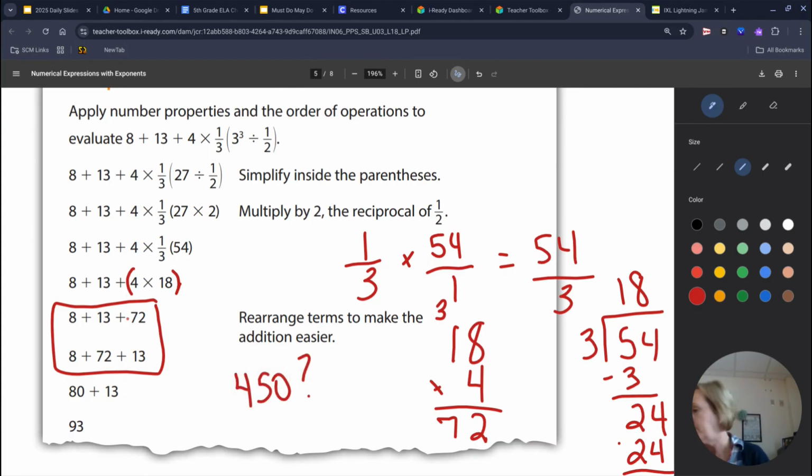All right, well, obviously he didn't follow order of operations. And it says in the book, to save some time, that he worked from left to right, okay? And he added 8 plus 3 plus 4, and then he multiplied all of that by 1/3.